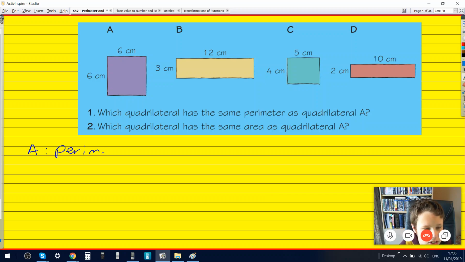And 6 plus 6 is 12. So double 12 is 24. And for the area for square A, it would be 6 times 6, which equals 36. Okay.